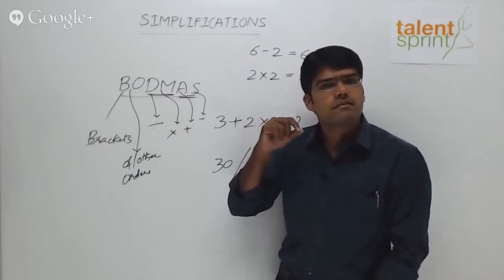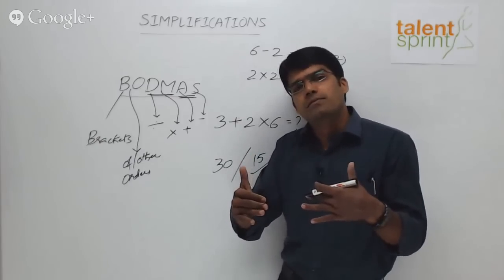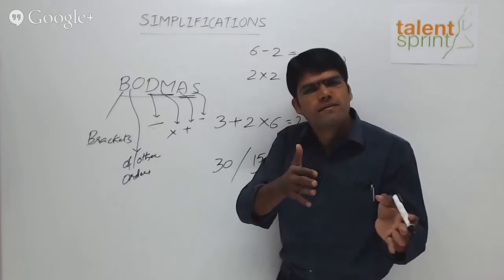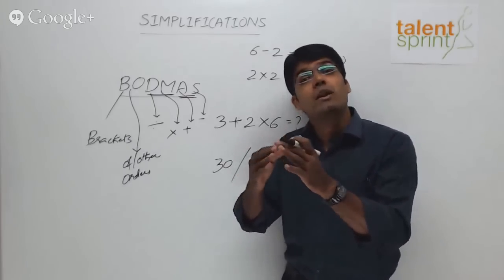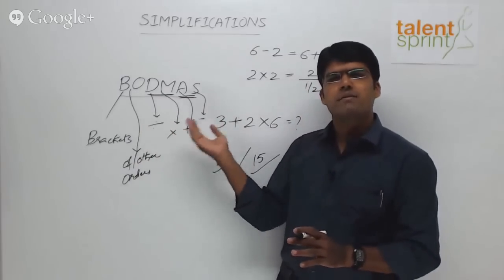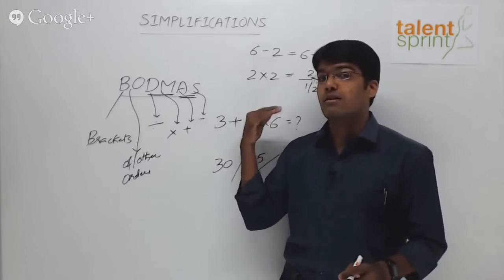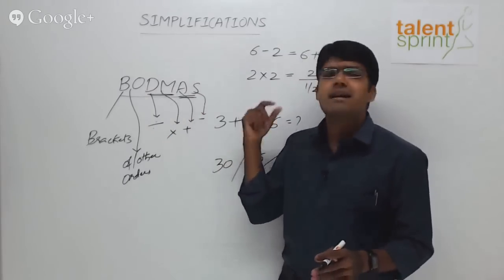Likewise, additions and subtractions are also similar. So in a given simplification question, when only multiplications and divisions are left, you can simply move from left to right without worrying about divisions first or multiplications first. Just keep moving from left to right, whichever comes first, and you'll get the right answer. Remember, left to right, not right to left. Likewise, additions and subtractions.